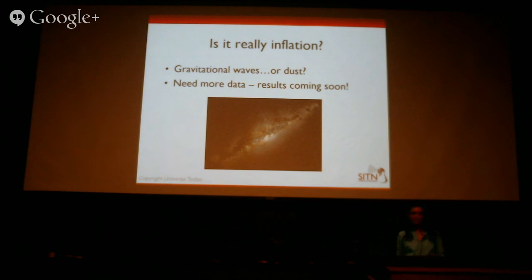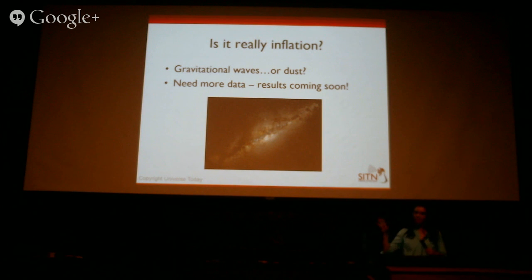The way you tell them apart is by observing the sky at many different frequencies, because it turns out that the signal from gravitational waves is about the same strength at all microwave frequencies, and the signal from dust tends to be more strong at bluer wavelengths.